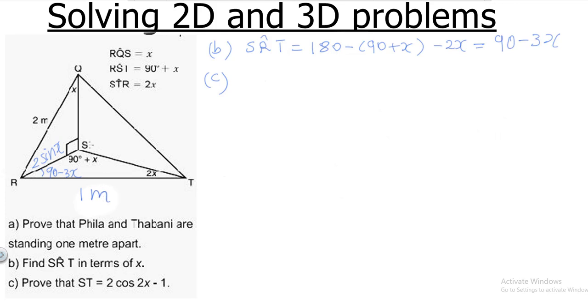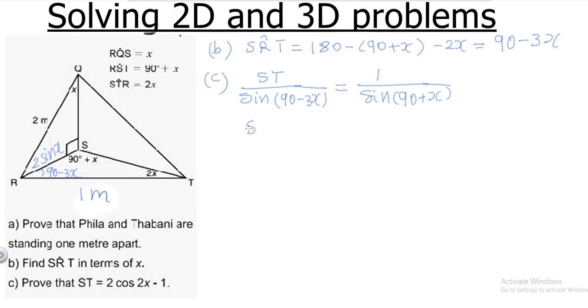We're gonna take this side ST, as we are looking for ST. We say ST over the sine of the angle opposite to ST, 90 minus 3x, equals RT, which is 1, over sine of 90 plus x.